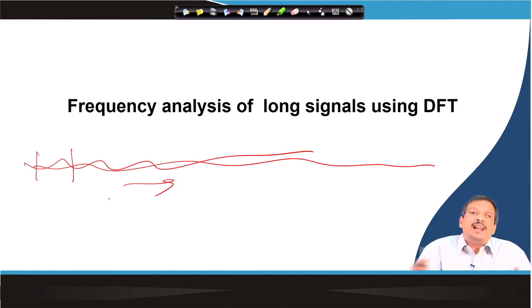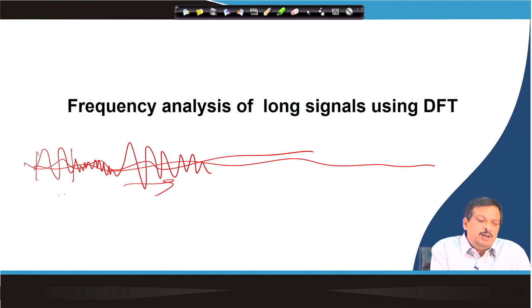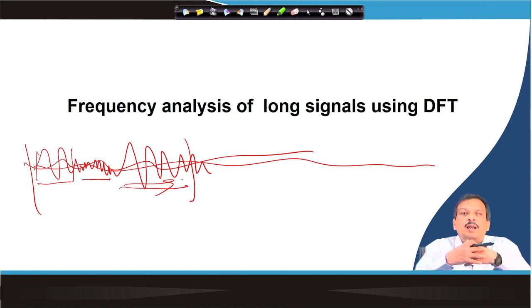Then if I take the entire signal at a time for the discrete Fourier transform, what will I get? I get an average spectra. Sometimes the signal is periodic, sometimes the signal is noise, sometimes again periodic. If I take all together, I get the periodic, noise and periodic, all in an average spectra. I do not want that one.